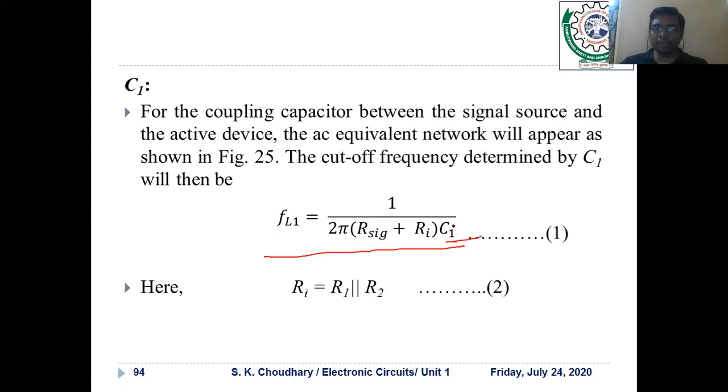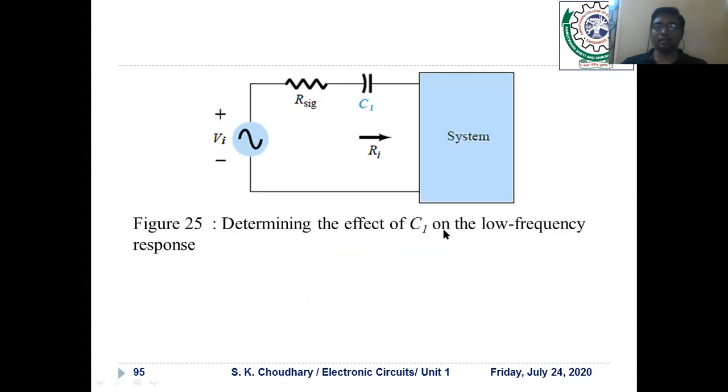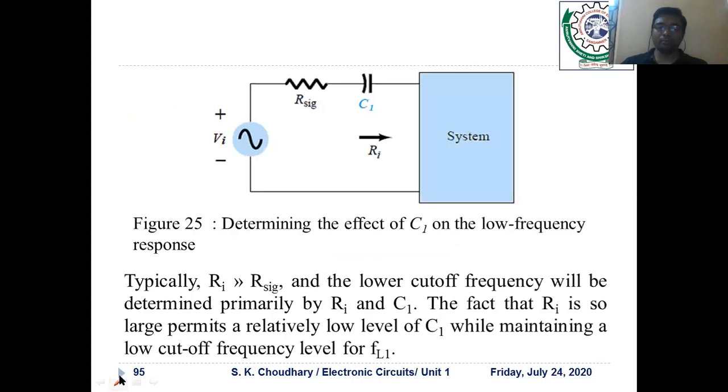And when you define this formula, you can easily derive an AC equivalent network that would be representing the effect of this coupling capacitor C1, and this is the network you can see here. Up to this point we have learned. So when you see the effect of C1, you can replace the whole active device, meaning the MOSFET and the other part of the circuitry, by a system shown by the black box, and the left hand side of this is the input network of your amplifier.